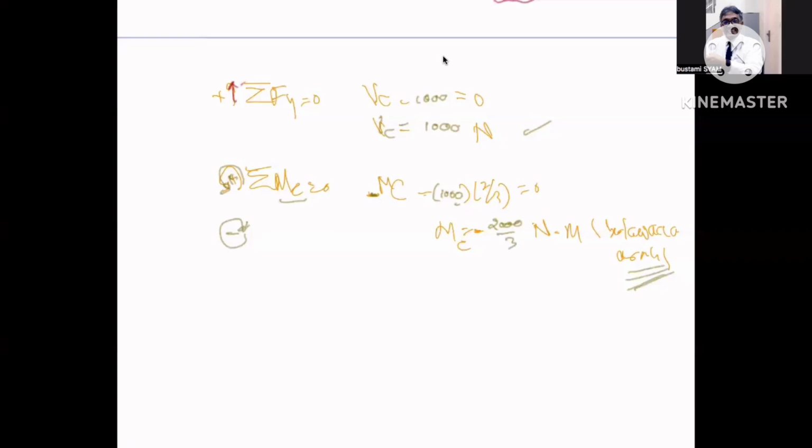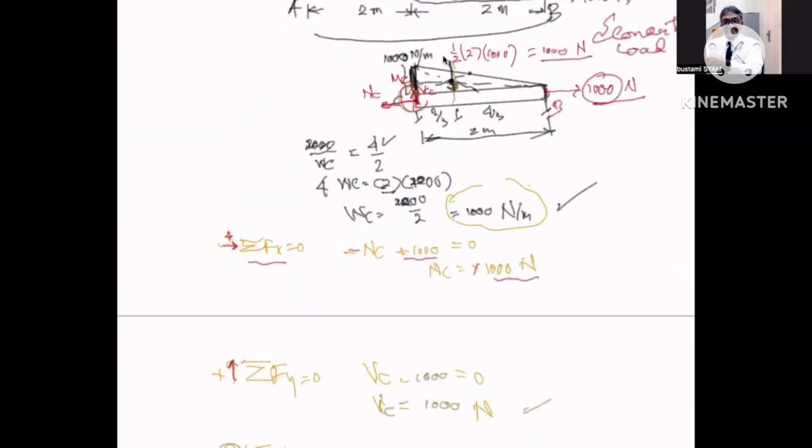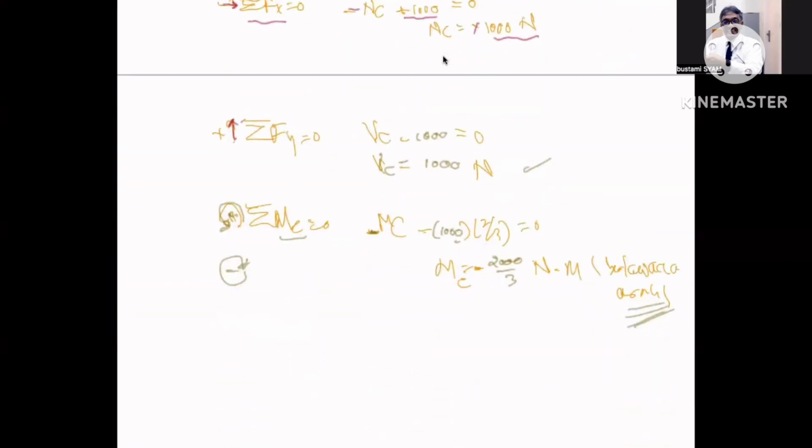So the one that we denote, we assume that the moment acting at C, initially we assume in clockwise direction, but actually we obtain negative.